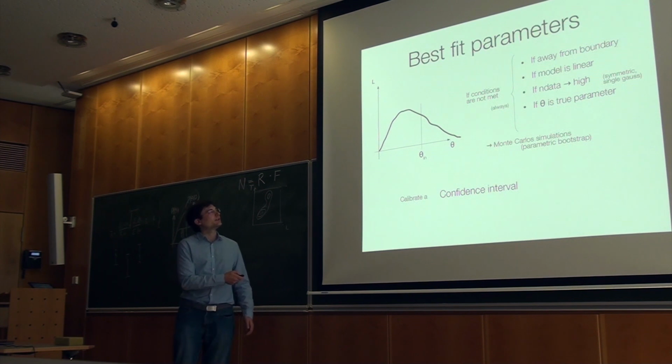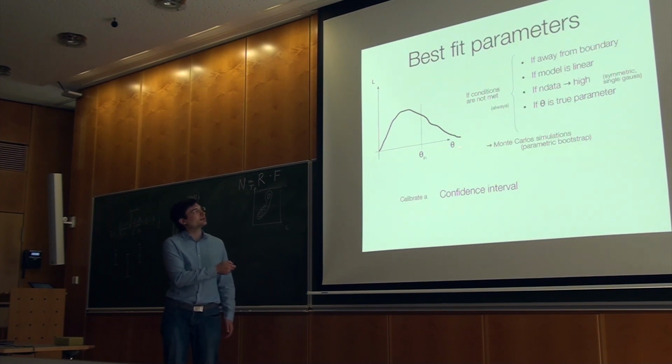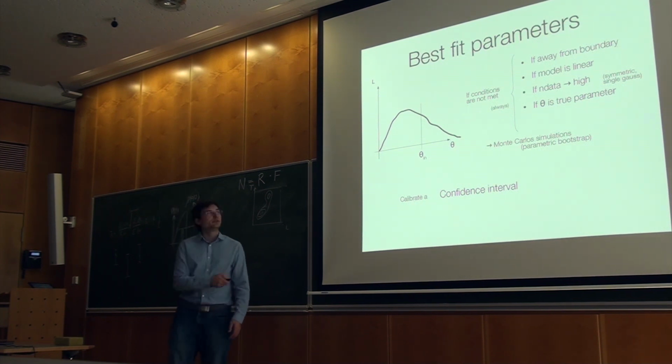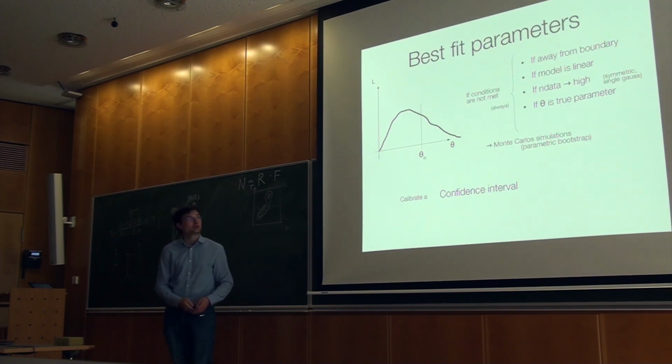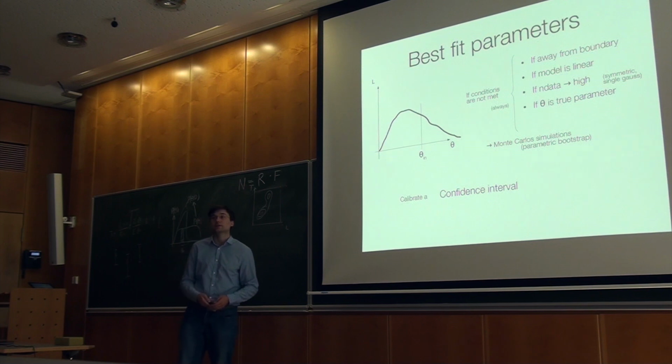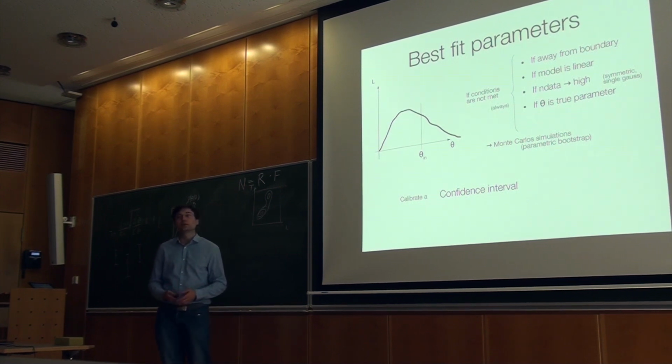And so you might get out a probability distribution of your best fit parameters, assuming you put in this parameter, and then you know kind of the response of your analysis process. And so this is called parametric bootstrap. You just simulate data sets and you fit them and see how your analysis procedure is able to recover them. That's generally a good idea.